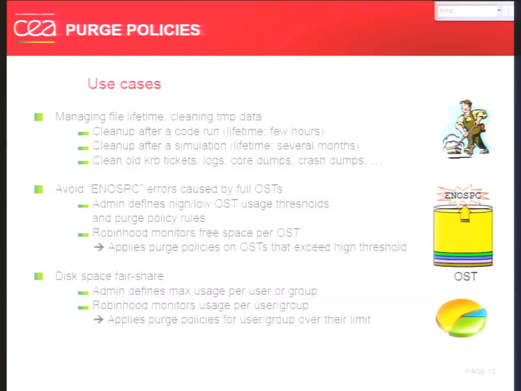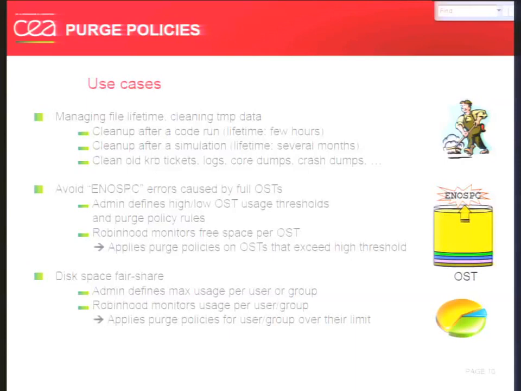ROBINHOOD is also tracking how space is used in OSTs and in the whole file system. And the purge policy is really useful for that, still for a Scratch directory, because you can keep track of who is consuming space in some specific OSTs.